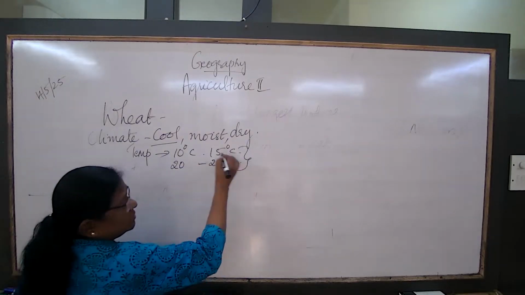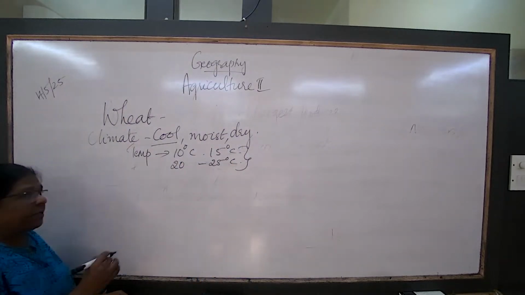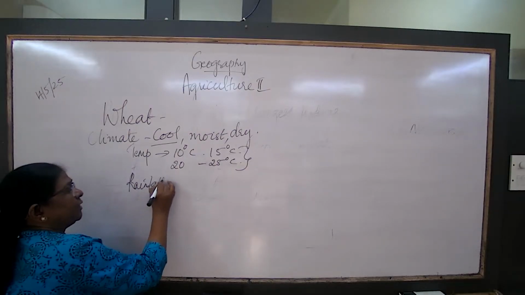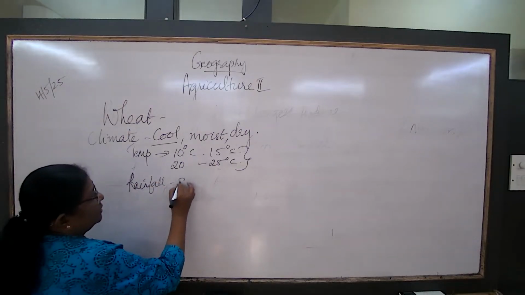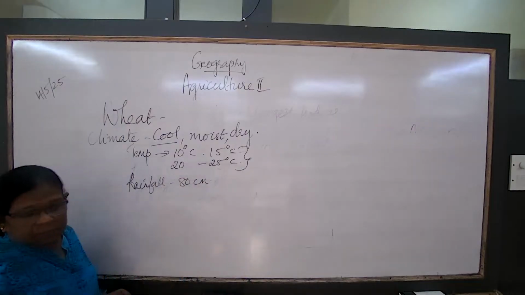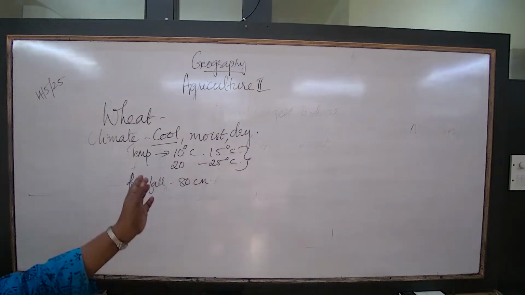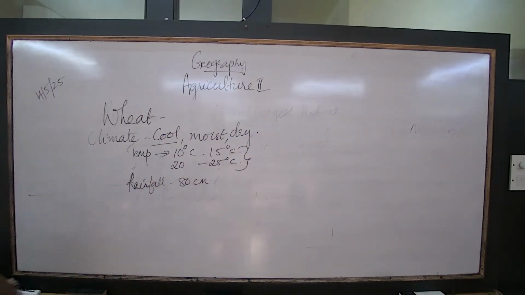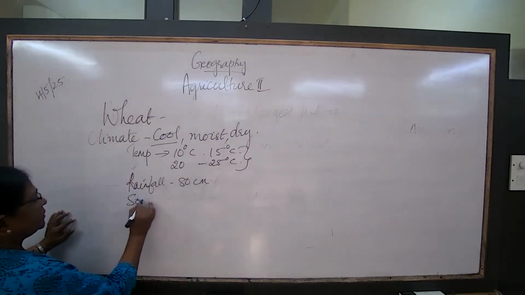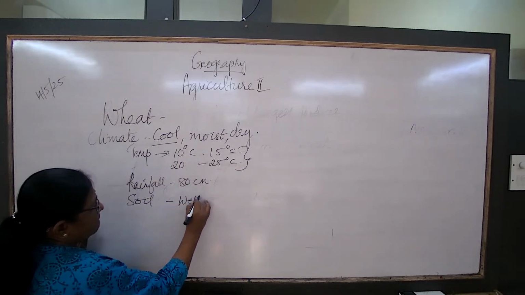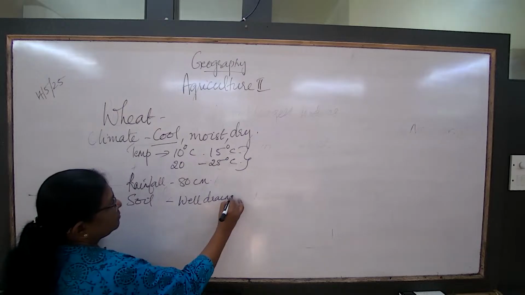This is the temperature condition required. Rainfall: about 80 centimeters. The range is 50 to 100, and 80 is sufficient to grow. Then what is the type of soil? Moist, well drained, alluvial soil.